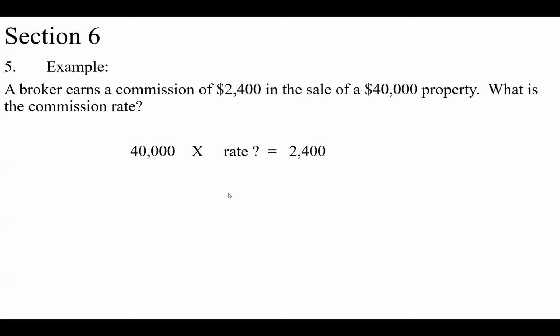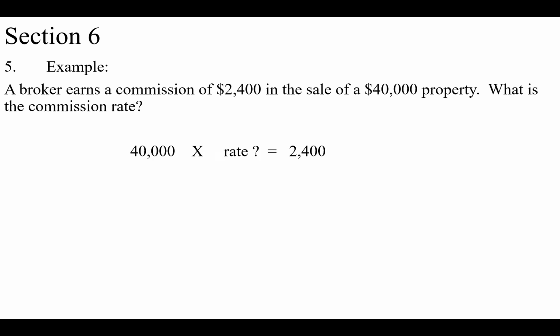A broker earns a commission of 2,400 in the sale of a $40,000 property. What is the commission rate? Again, that's asking us a backwards problem, so we would have to use the T-bar on this. Multiply goes on the bottom. We know that multiply, it's purchase price times the commission percent. We don't know what that commission percent is. The 2,400 is the commission dollar amount. That would go on top.